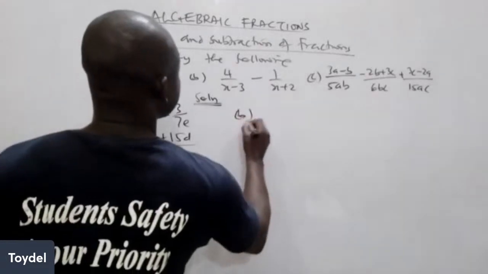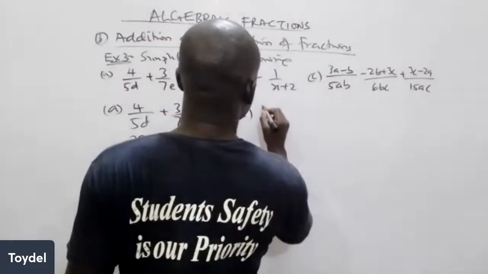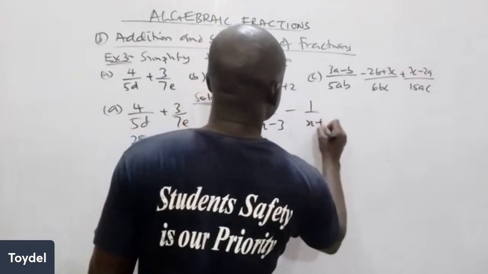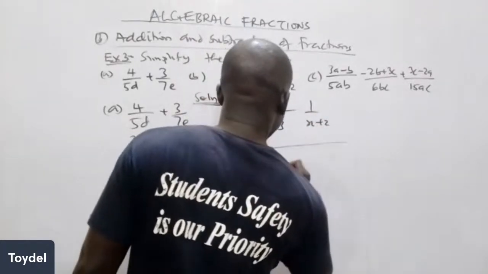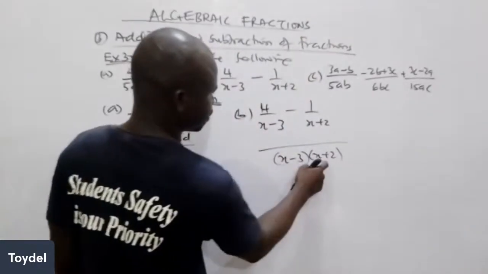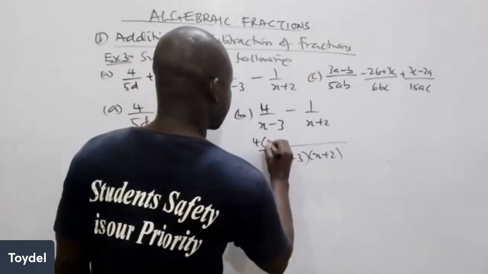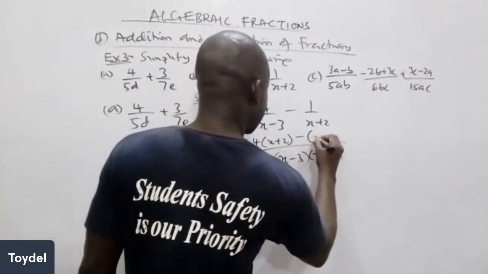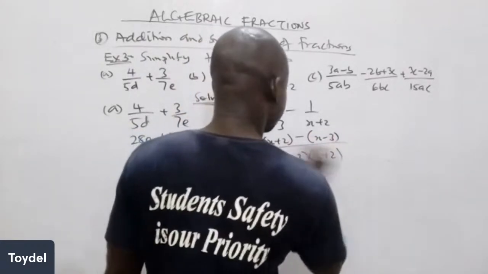Then we go to the second one, where we have 4 all over x minus 3 minus 1 all over x plus 2. So the LCM will be x minus 3, x plus 2. So in this, we're going to have 4 into bracket x plus 2 minus 1 into bracket x minus 3. So let's solve the numerator.